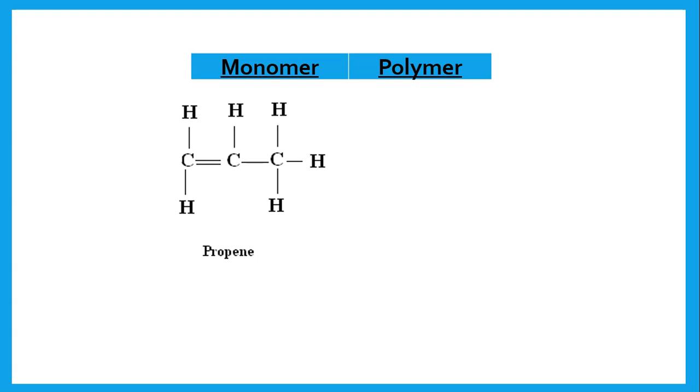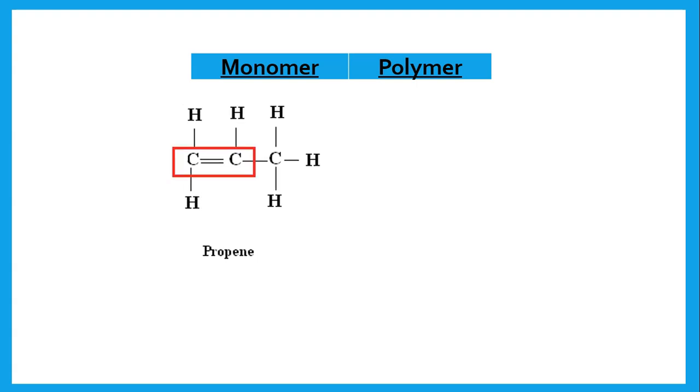What if we're starting with propene? Again, we look at the two carbons that have the double bond. Please don't just write three carbons after each other. We join the monomers from the two carbons that have the double bond. We write it as a single bond, bond on the right, bond on the left, and we indicate that this unit is repeated many, many times. I don't know how many, so we write n.